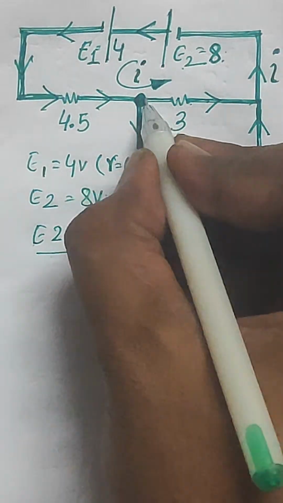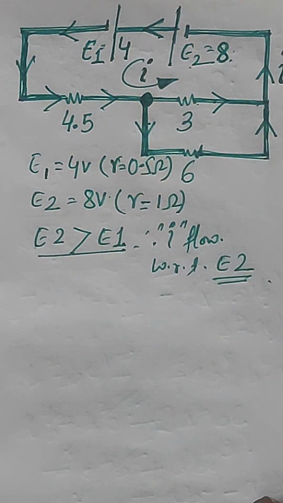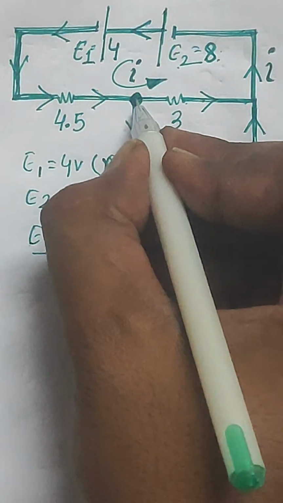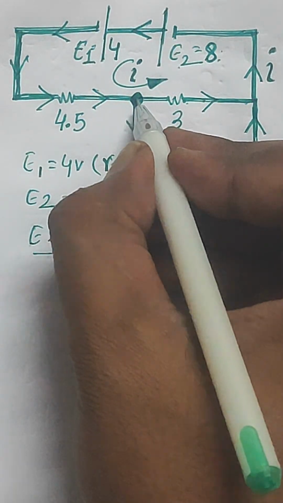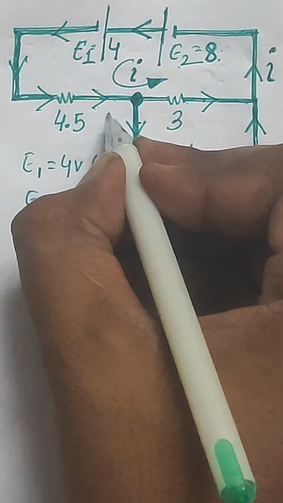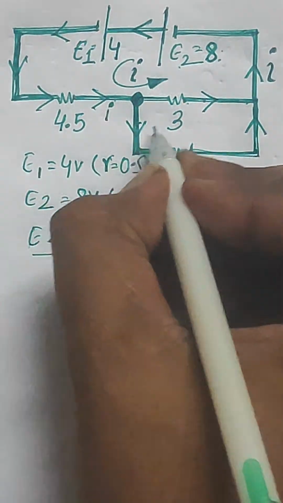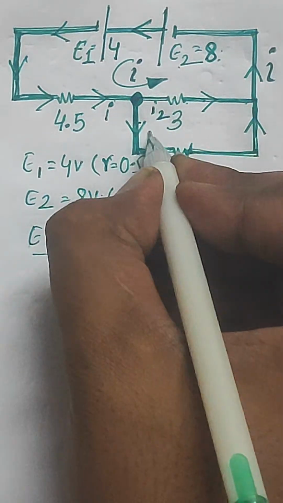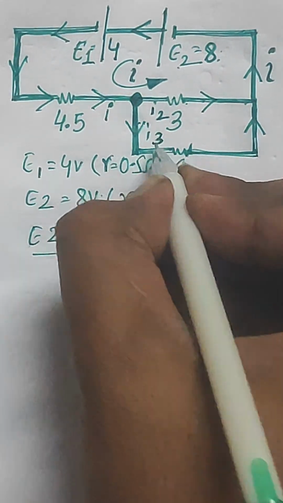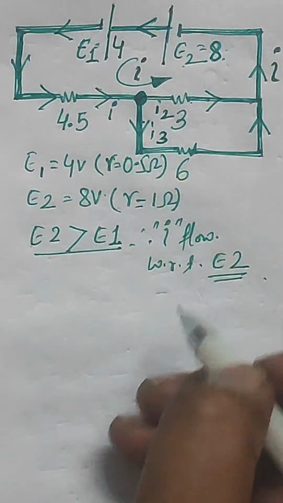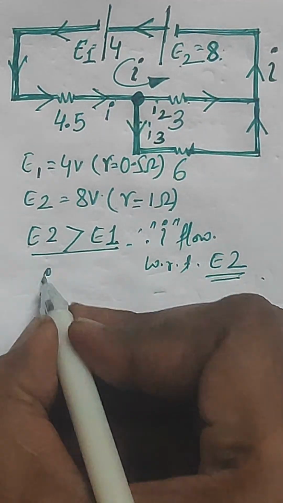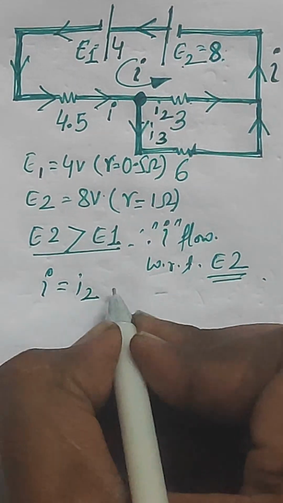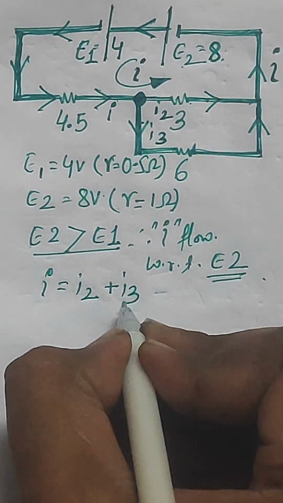So here we can see I breaks into two parts. Let's say I2 is going right and I3 is going downward. So from here we can write I is equal to I2 plus I3.